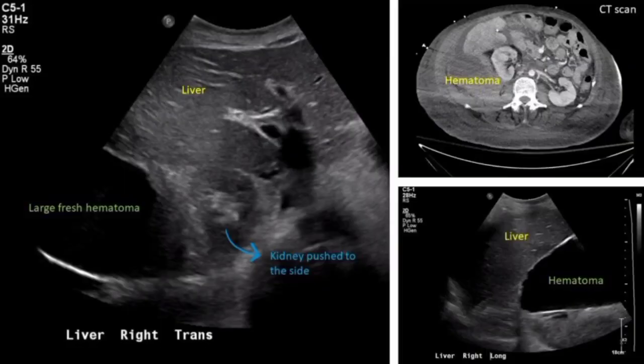And this is an image to show hematoma, and we have a CT image to show the location of the hematoma. Very valuable images to understand what we just discussed.